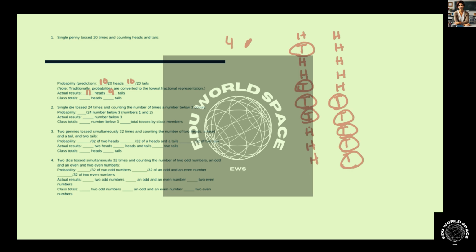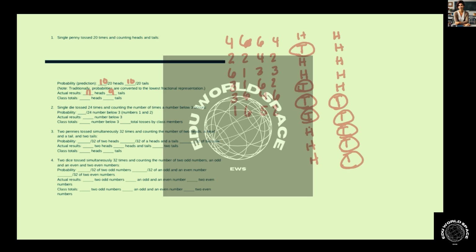So I get a 4, a 2, a 6, a 3, a 3, a 1, a 6, a 2, a 1, another 1, a 6, a 6, a 6, a 4, a 3, a 6, a 4, a 5, a 4, a 2, a 3, a 2, a 6, and a 2.